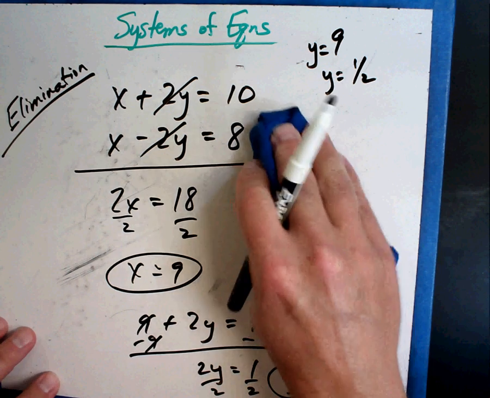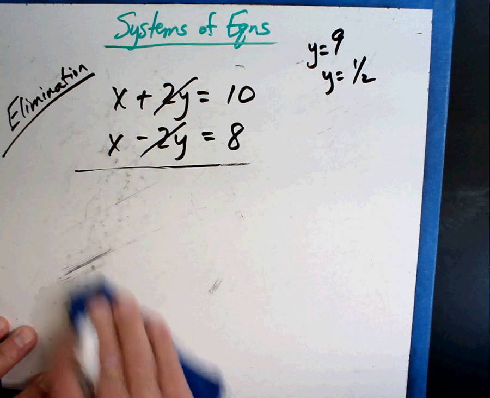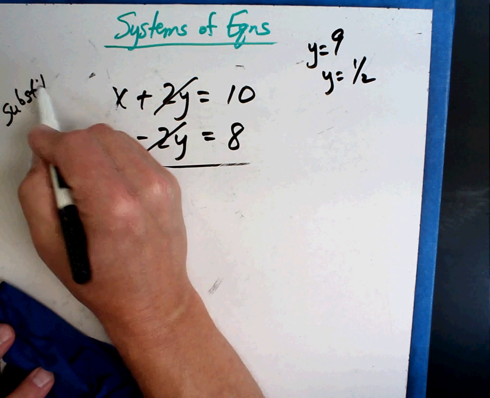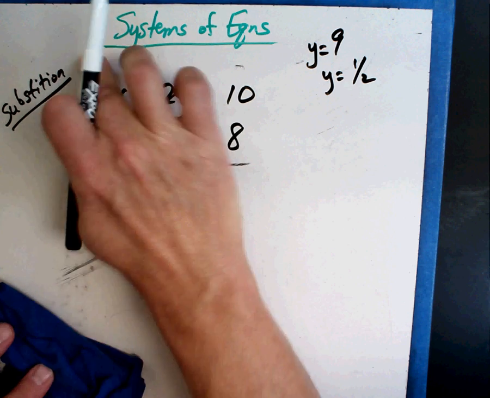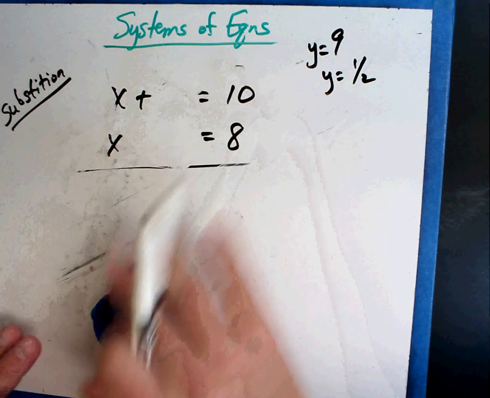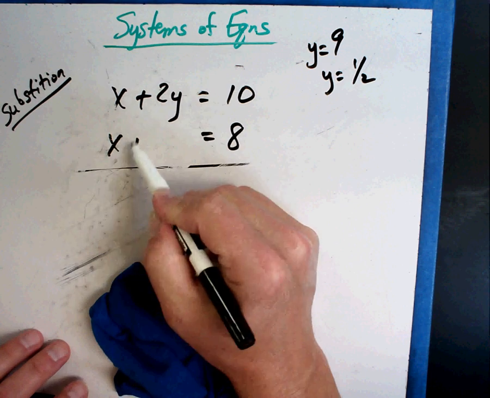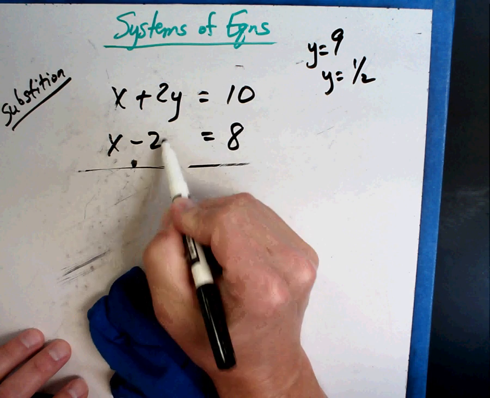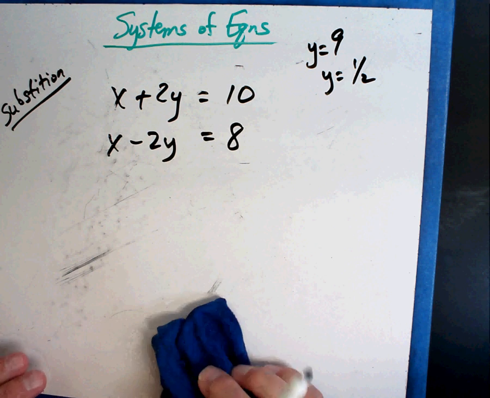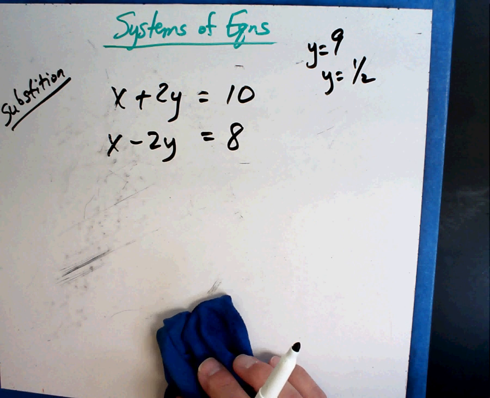Now, what you can also do is what is called substitution. There are times when one is better than the other, or for some of us, one seems a lot easier than the other. I'll show it to you both ways, and you can decide which one you like. In this case, we're going to substitute.